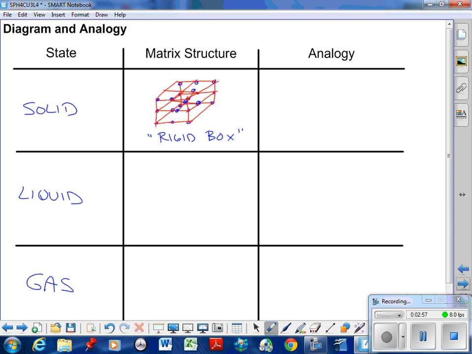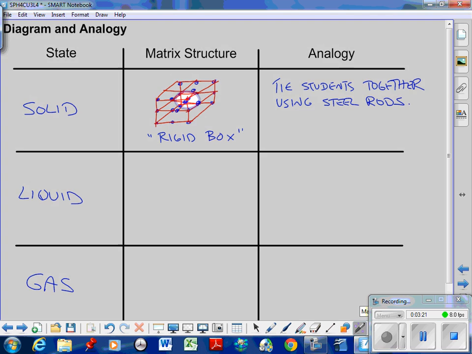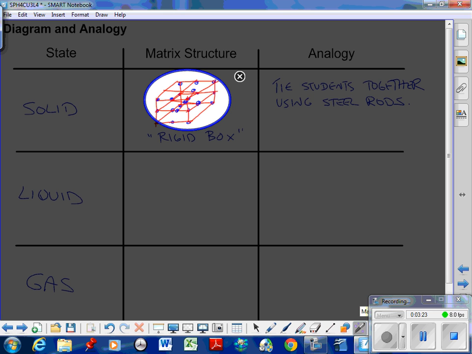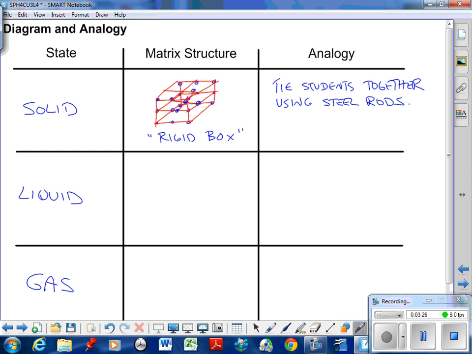So if I was to take the class and tie students together using steel rods, if I connected a steel rod to your belt, and connected the other end to another student, and so on and so forth, to link you all together, if those red bars represented steel bars, and I asked you to move, you would have to move as an entire group together.